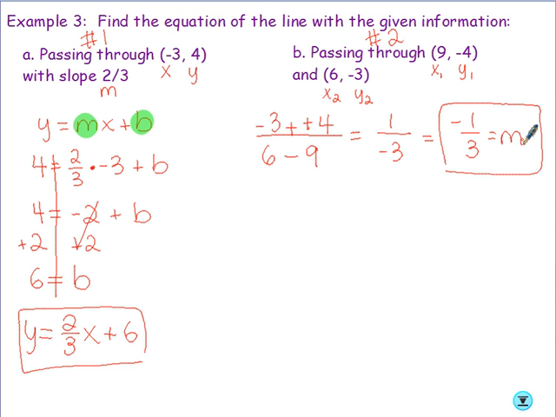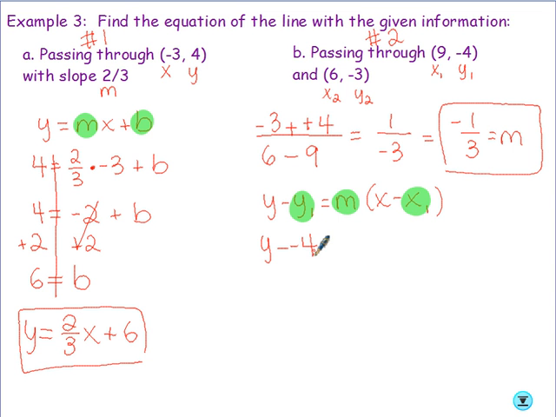So, next thing we're going to do is use the other formula. y minus y1 equals m times x minus x1. And again, our 3 pieces are y1, m, and x1. Everything is labeled for us. y minus, now y1 is negative 4.